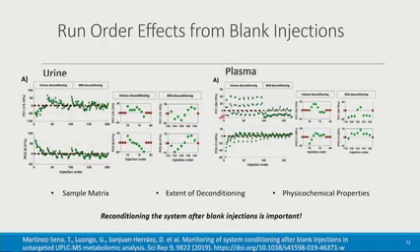Same thing here with plasma. The first samples here project in kind of a weird place, and we also see the ones here where there's just a lot more variation happening with the intense deconditioning, as compared to the mild deconditioning where the system stays much more under control and the results are much more reproducible.